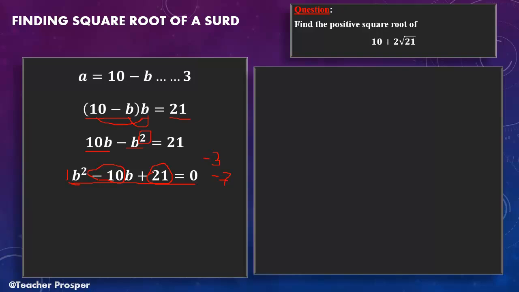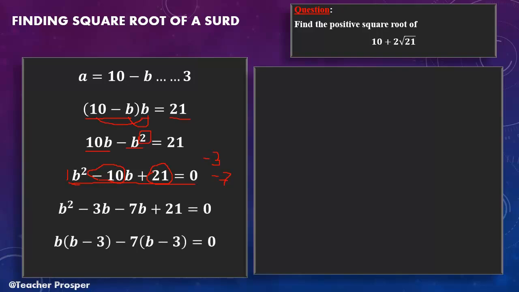So we are going to replace the negative 10 with the negative 3 and the negative 7. So then we have b squared minus 3b minus 7b, which gives us negative 10b. Then we have our 21 here.